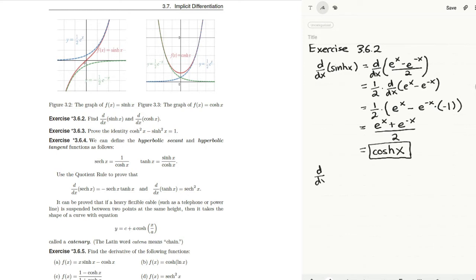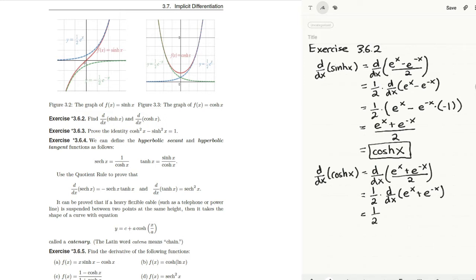So now let's take a look at the derivative of the hyperbolic cosine, which by definition is e to the x plus e to the negative x all over 2. So we can take out the constant of 1/2 and multiply it by the derivative of e to the x plus e to the negative x.